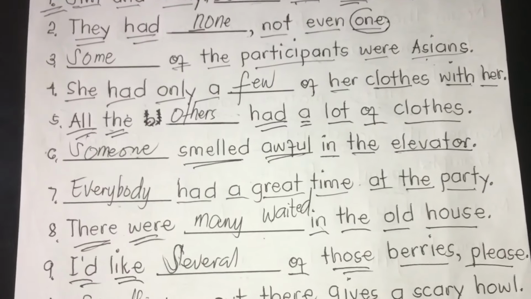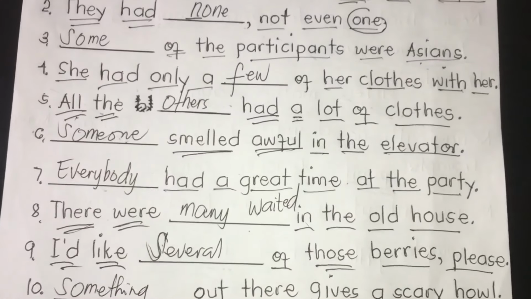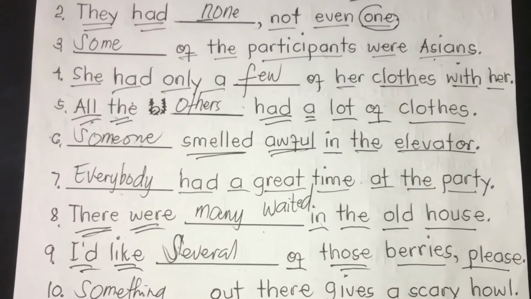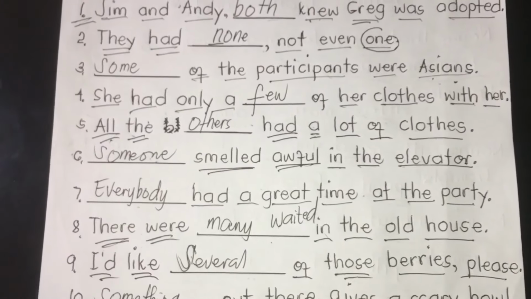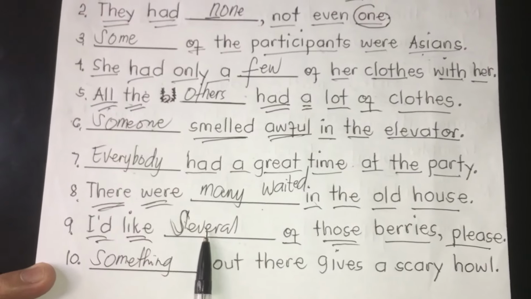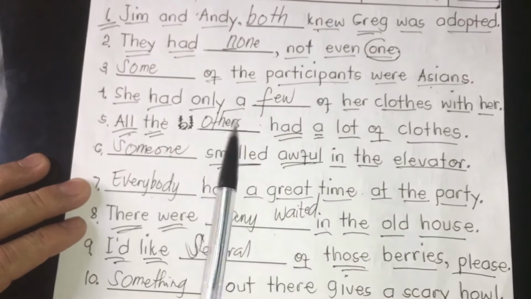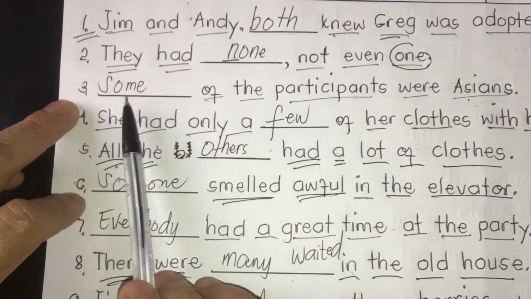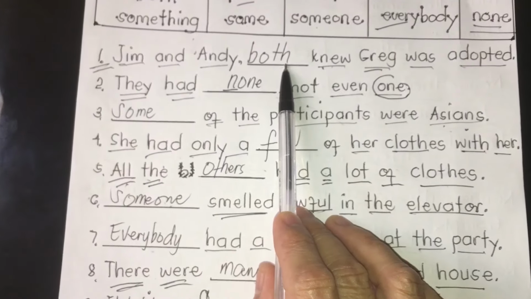That is our last drill for the second part, where we choose the most appropriate indefinite pronoun. So here: number 10, something; 9, several; 8, many; 7, everybody; 6, someone; 5, others; 4, few; 3, some; 2, none; 1 is both.